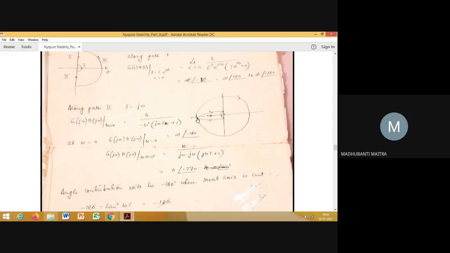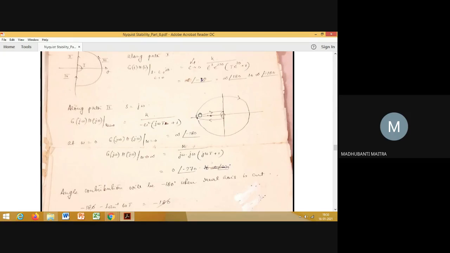That means this particular path was started from this point, infinity angle minus 180 degrees, which is somewhere over here below the negative real axis. This is infinity angle 0, this is infinity angle minus 90 degrees, and this is infinity angle minus 180 degrees, a point just below the negative real axis.